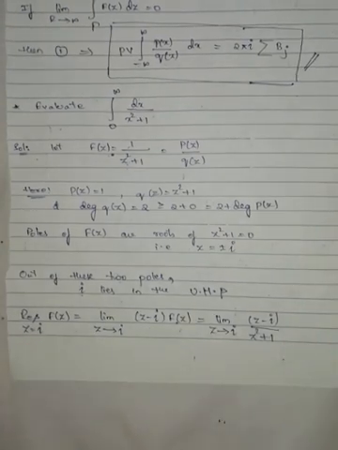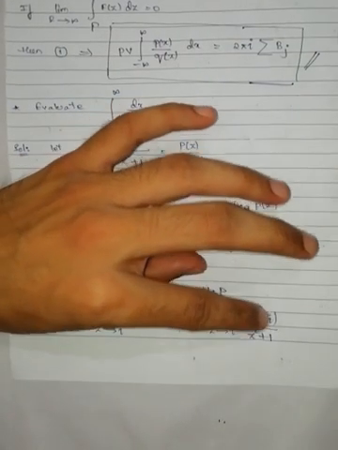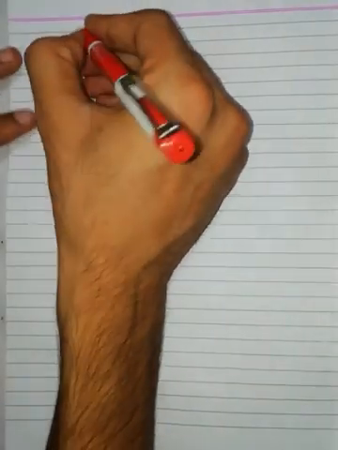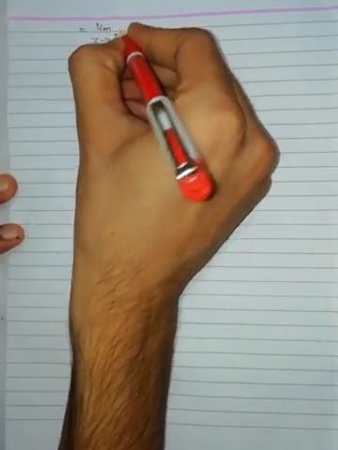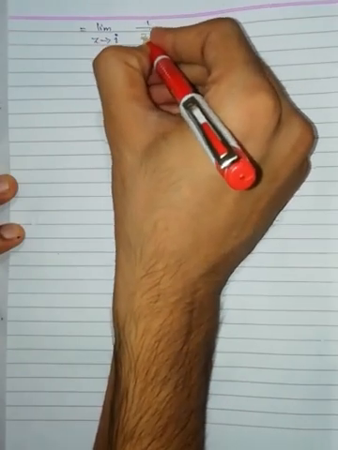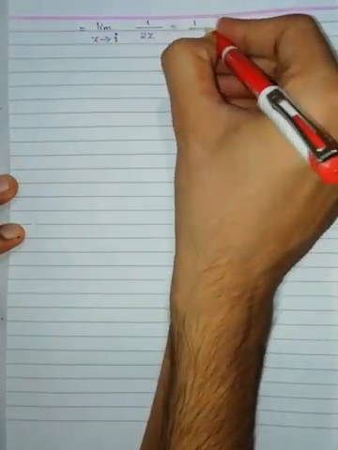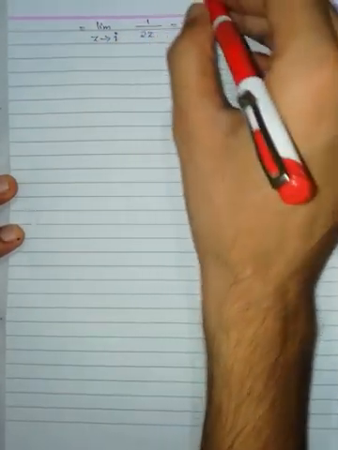Now, if I substitute z equal to iota, I will get 0 by 0, so I am going to use L'Hospital rule, which gives the limit as z tends to iota of 1 by 2z, which is equal to 1 by 2 iota.